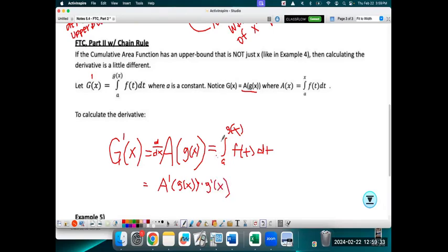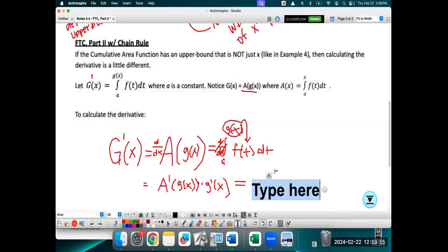So here what happens is when I go to do my d dx here, remember it's like the derivative cancels out with your integral and you essentially plug that into your function. So it'd be like f of g of x, times the derivative of g of x. Which is basically what we had in that last problem.